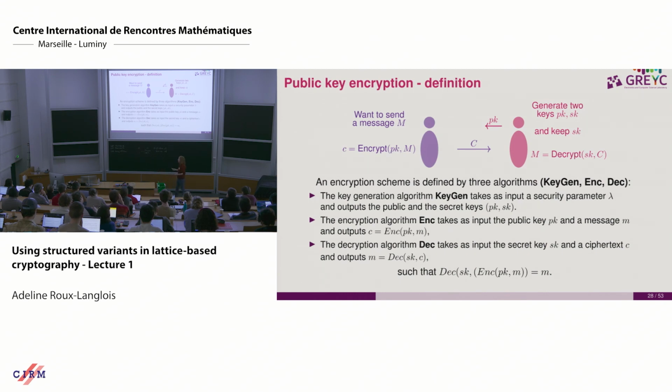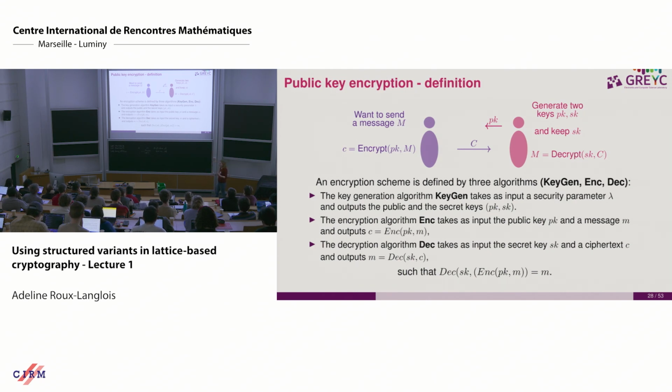I have two keys, so to have those two keys, the public and the secret one, I need a key generation algorithm that we call KeyGen. It takes as input the security parameter. The security parameter means that the security of the scheme will be in 2^λ.